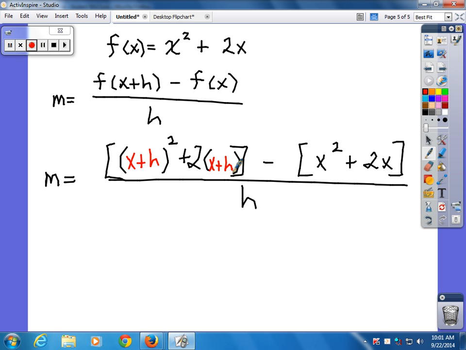The student thought you're always supposed to put the f of x in for x on the second one, so that it was x squared plus 2x. Okay, look, what's the equation?